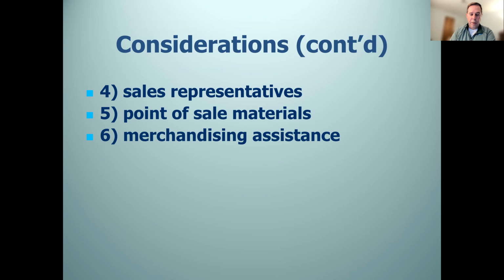That's also important. So some merchandising assistance, what kind of support is there if you need some help along the way? It may not be from the sales rep themselves, but how available is the company? Do they answer the phones 24 hours a day, or is it only during Monday through Friday until 5 o'clock? Those are all items to think about.